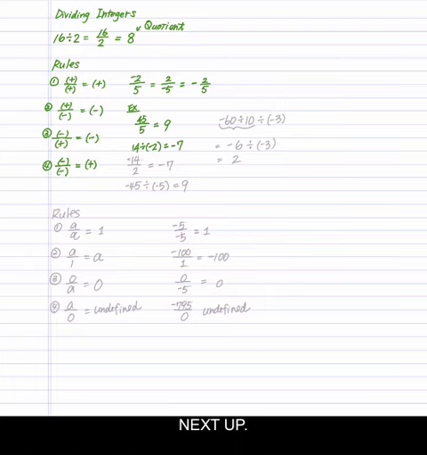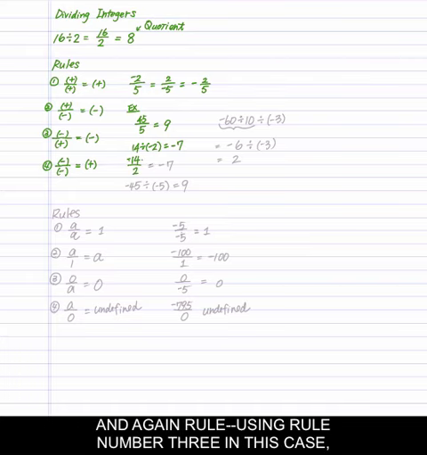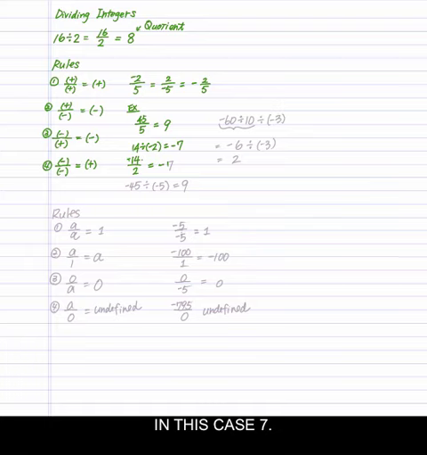Next up, I'm going to go negative 14 over, or divided by, 2. And again, using rule number 3 in this case, I have a negative over a positive. The overall result is going to give me a negative value, in this case negative 7.